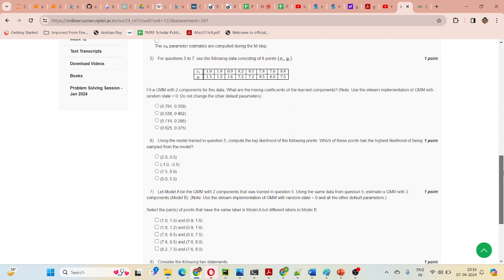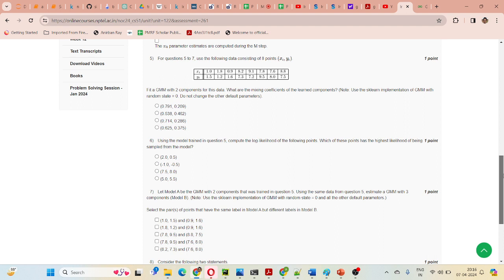For knowing the likelihood, you need to know the number of components, and mu and sigma given. If you know mu and sigma, and the component is already known, then you can calculate the log likelihood, and the one which has the highest likelihood becomes the one sampled from the model.